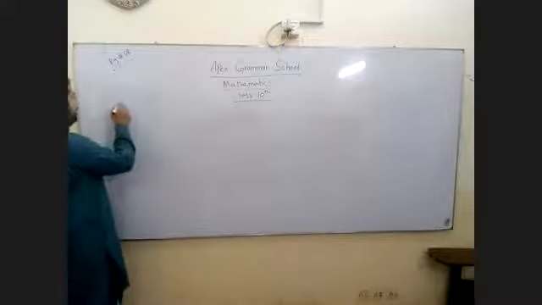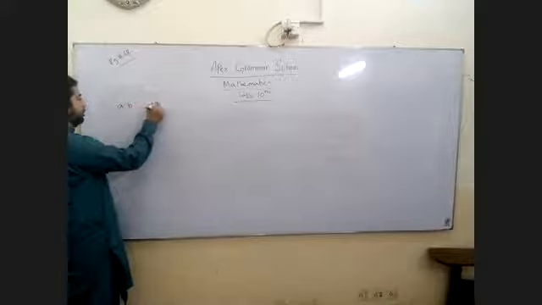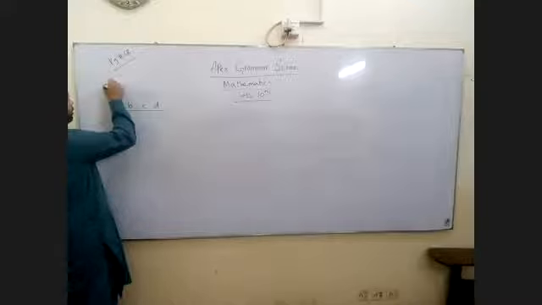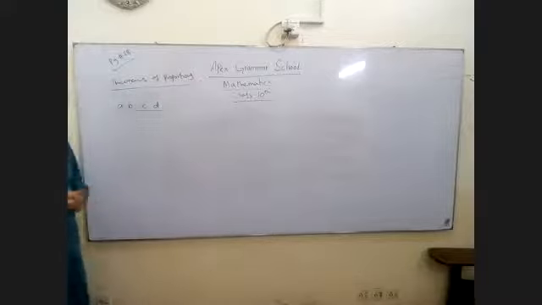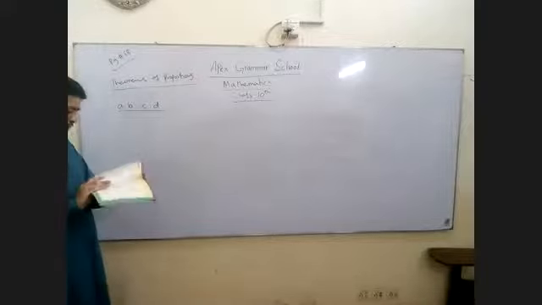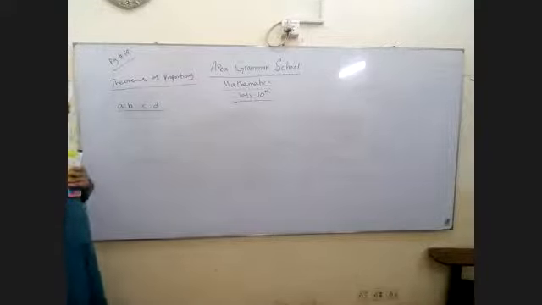First theorem is, we know that A ratio B proportion to C ratio D. The first theorem is the theorem of invertendo.